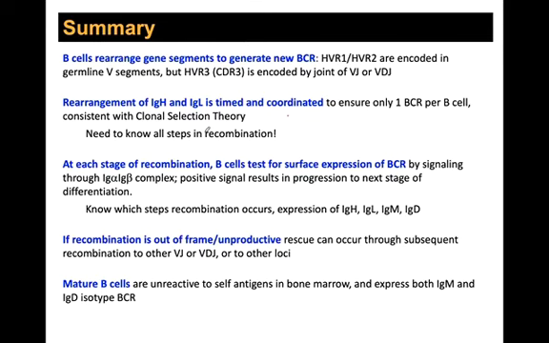I had a question in regards to the development of cancers from the pro-B cell or pre-B cell, because if CD25 is a growth factor, would you see more cancers develop from a pre-B stage versus a pro-B stage? So you do get cancers from all of these different stages.